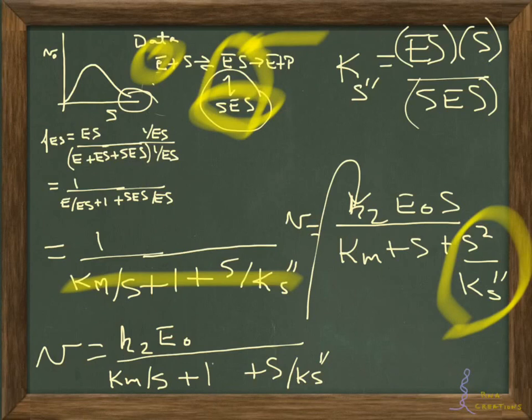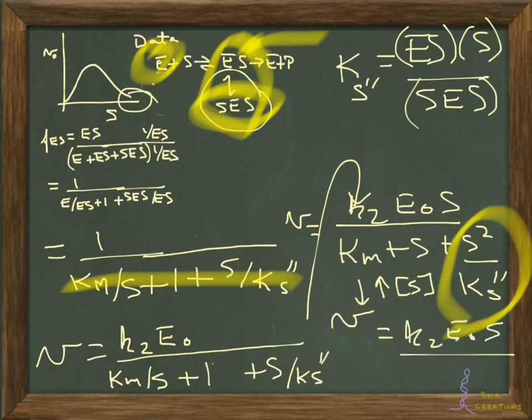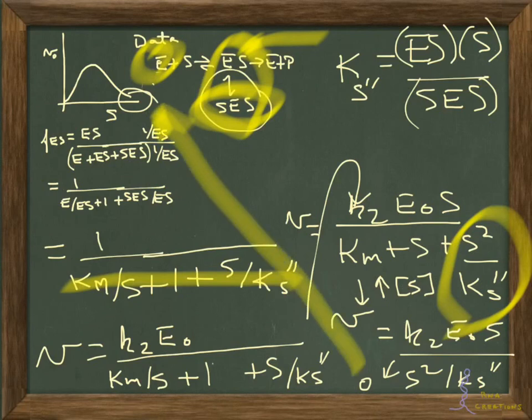And so when the concentration of S gets very high, that term will dominate in the denominator, and that will cause the velocity to go to 0. In other words, in the limit of high concentration of S, the v will tend toward k2 E naught S over S squared over Ks double prime, which will go to 0. And that is consistent with what we see here.